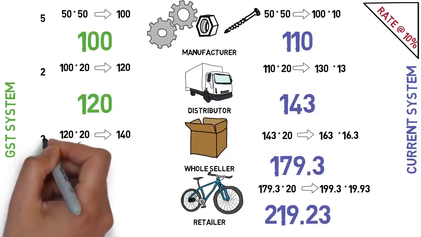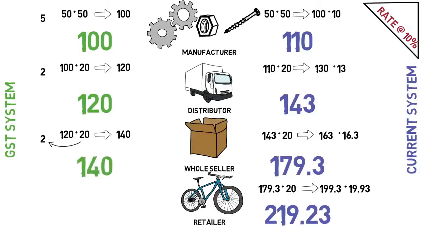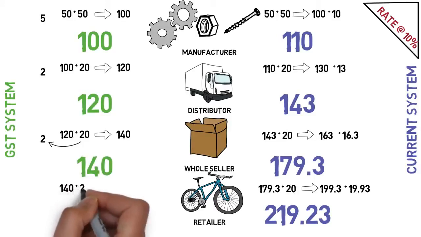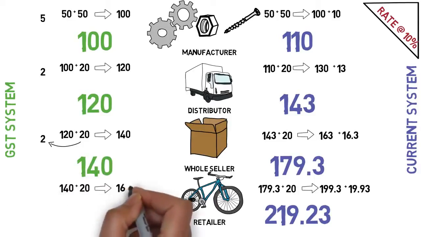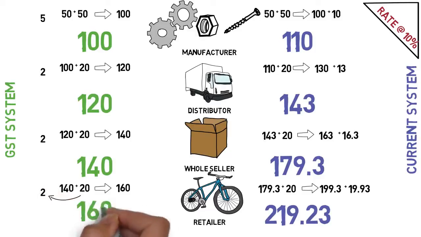The retailer buys the product for 140 rupees, adds profit of 20 rupees, pays the tax of 2 rupees on his profit and raises the final consumer price to 160 rupees. So if the prices are compared, the product is 59.23 rupees cheaper in the GST system than the current system.